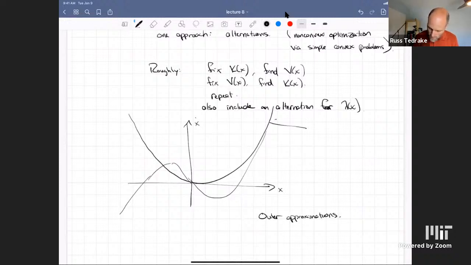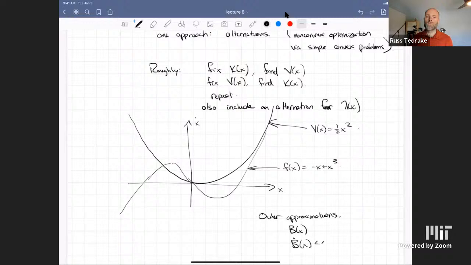This was f of x equals negative x plus x cubed. This was V of x equals 1/2 x squared, my original Lyapunov thinking. For the outer approximation, I'm going to learn B of x, which I would like to still satisfy B dot of x is less than 0.